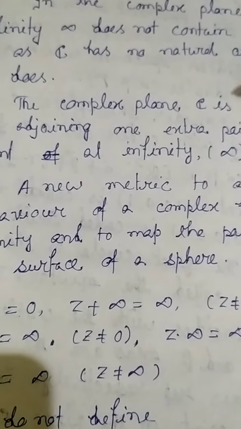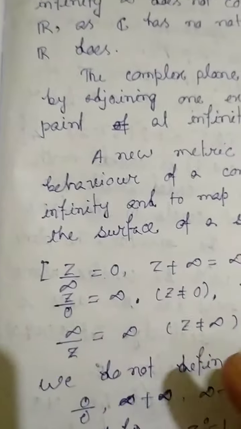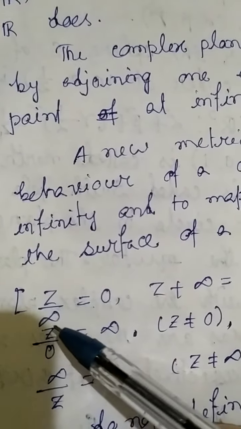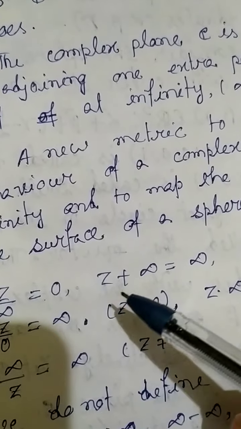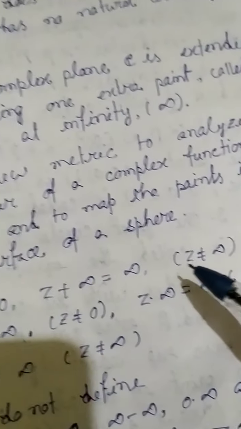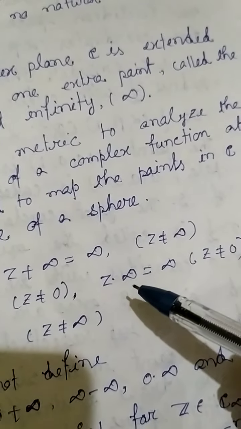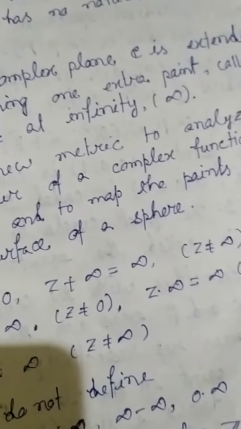To discuss the concept of this infinity, we have some notations and some agreements. What is this agreement? z by infinity is equal to 0, and z plus infinity is equal to infinity if z is not equal to infinity. z by 0 is equal to infinity, and z into infinity is equal to infinity if z is not equal to 0.